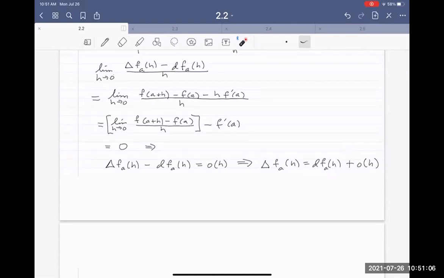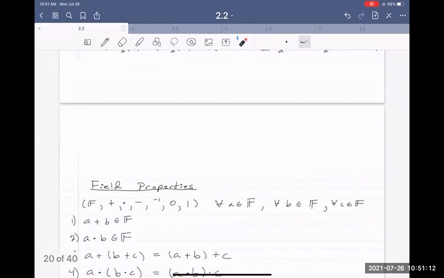Scalars are just numbers in some sort of scalar field. So let me remind you what a field is. If you remember back in Math 115, Algebra 1, a field is a set that has addition and multiplication on it that satisfies the properties that the rational numbers satisfy.